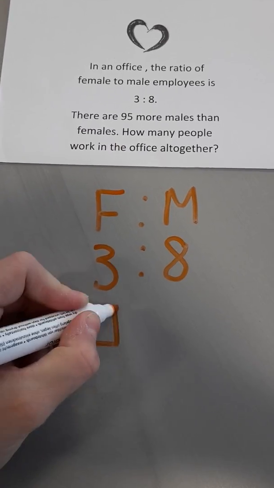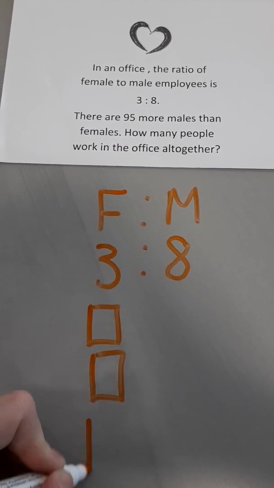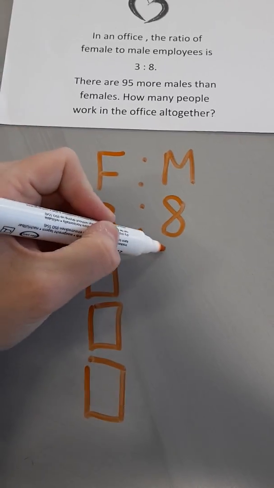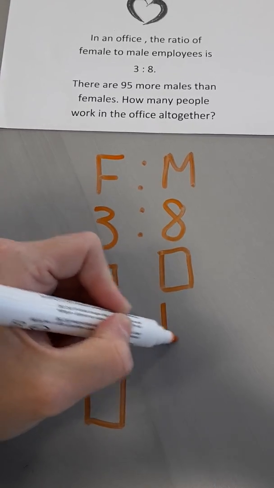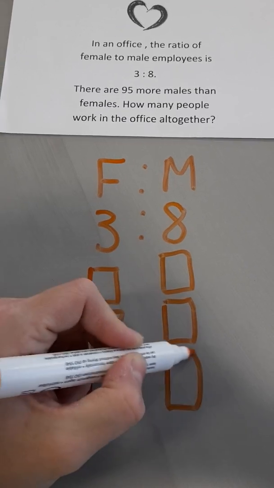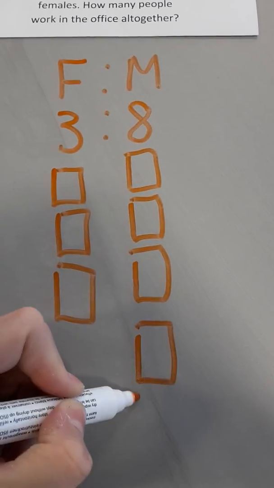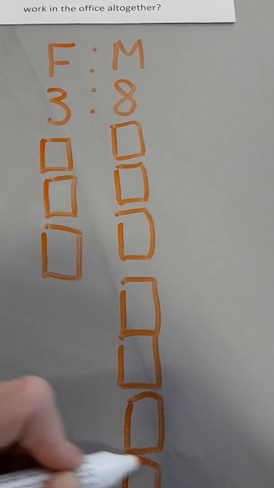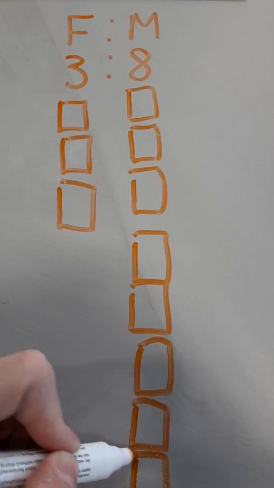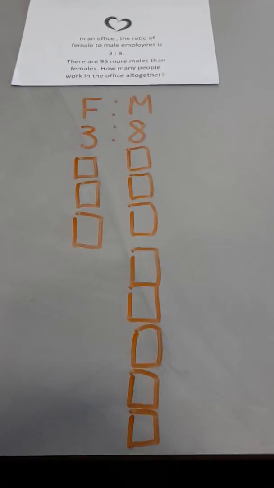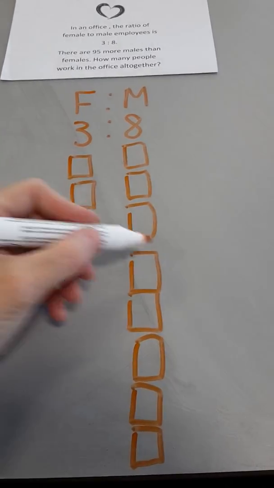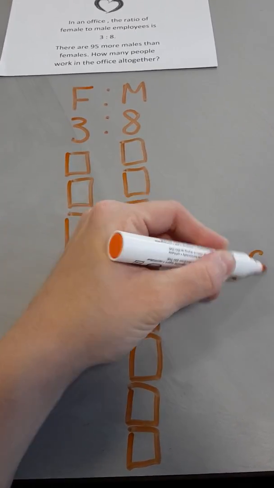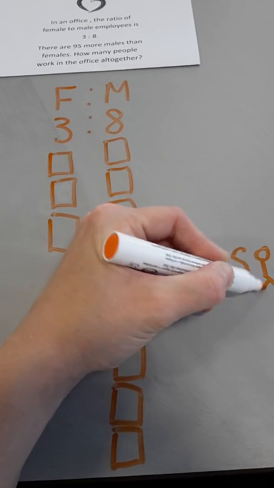So if I showed you this, drawn out, I'll draw 8 here. Oops. If I can fit it in. Okay. That means that there's going to be an extra 95 males here.